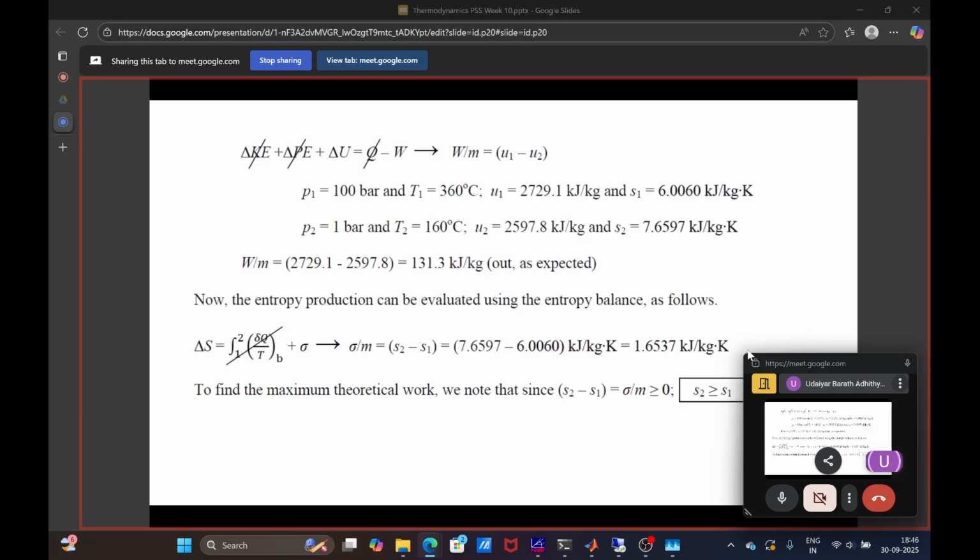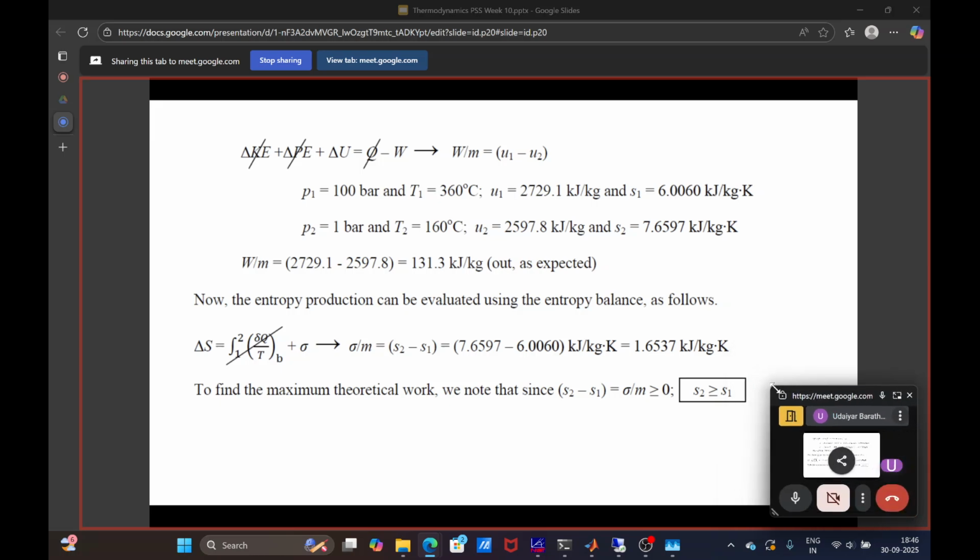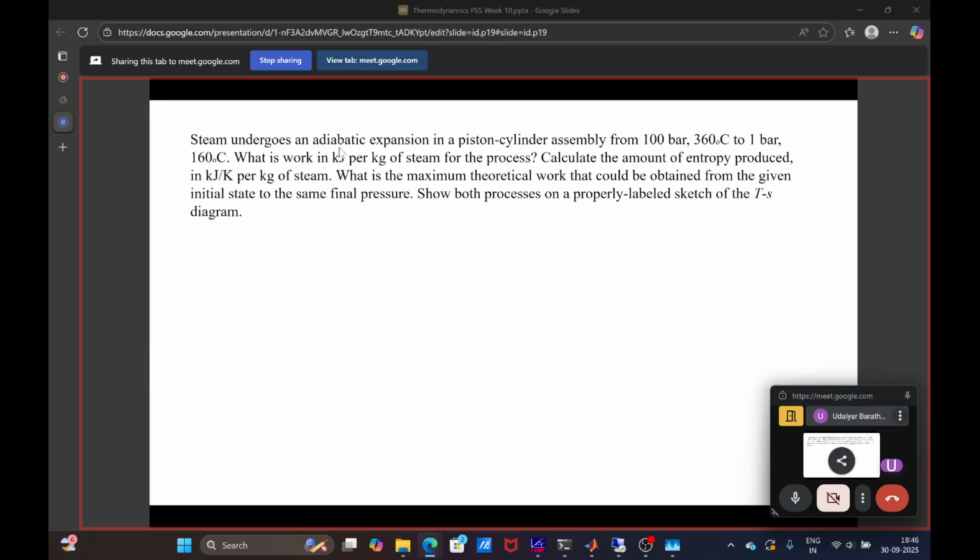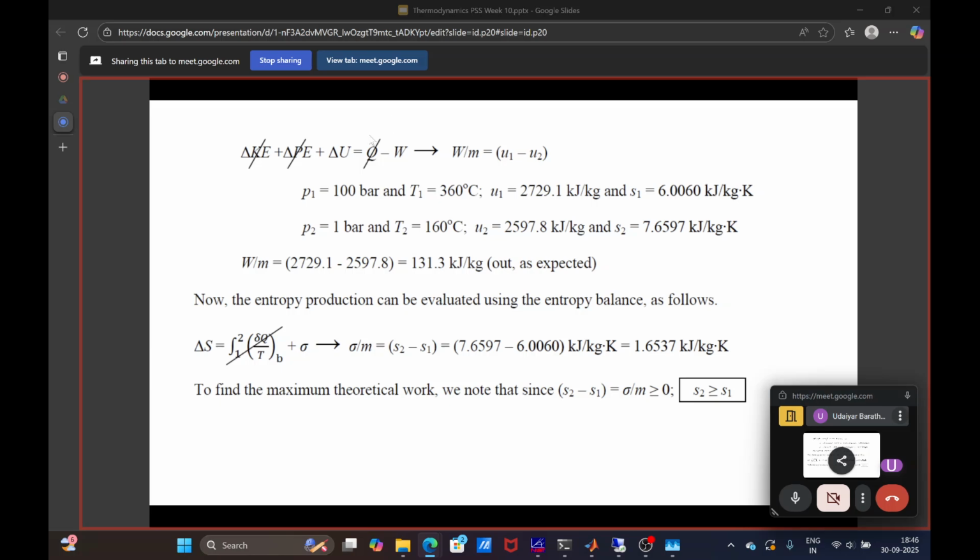So just like the previous case, instead of compression, now you have expansion which is happening. So we have the same set of equations, so just need to be careful with the signs. The first is the first law which gives delta U is Q minus W. Since again here it's an adiabatic expansion, Q is 0, so you get delta U equals minus W, or W by m is U1 minus U2.